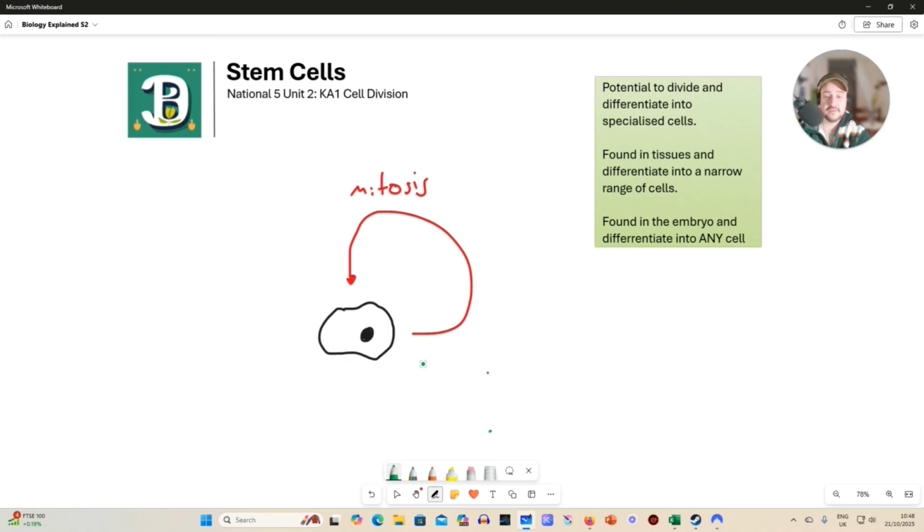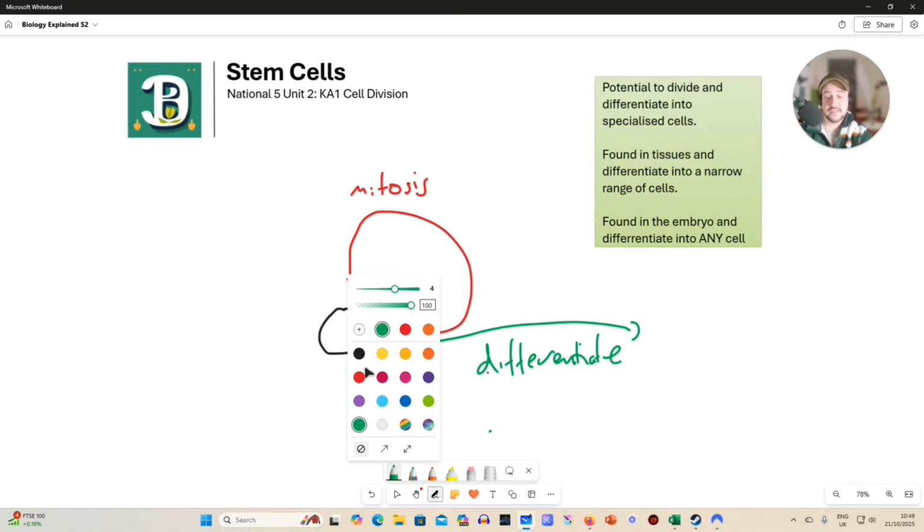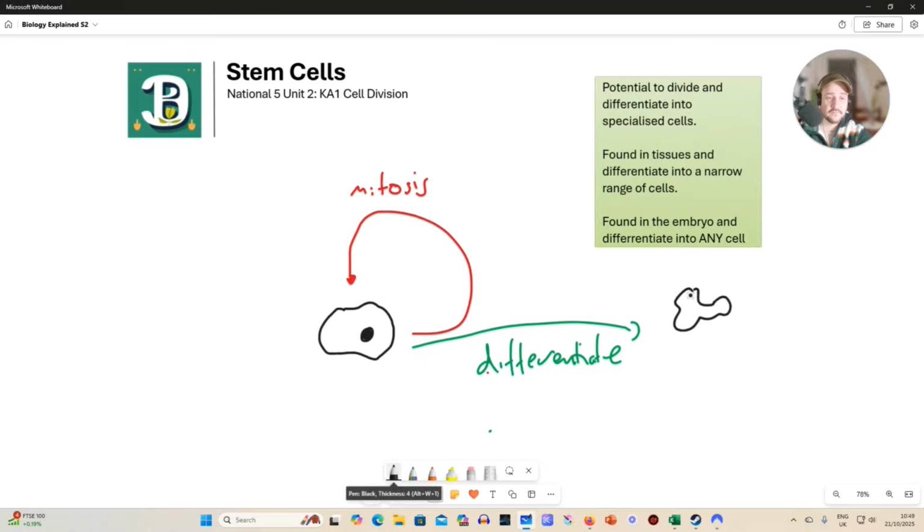So here I am going to use a different color, so it can differentiate. Okay, and it can become then a specialized cell. So for example, it could become a white blood cell, or it could become a red blood cell, or it could become a platelet. Okay, it will differentiate into a special cell that has a particular job to do.